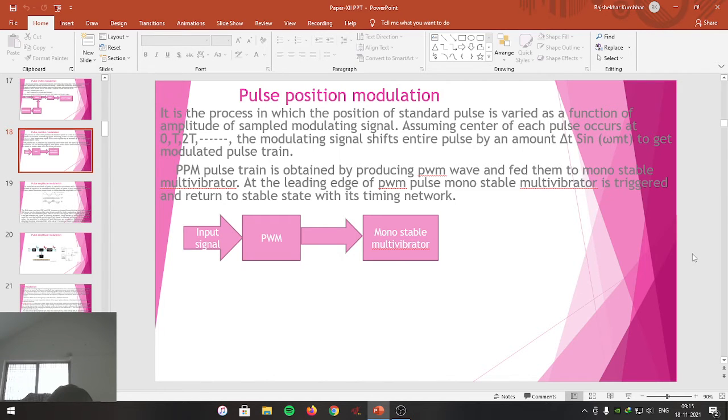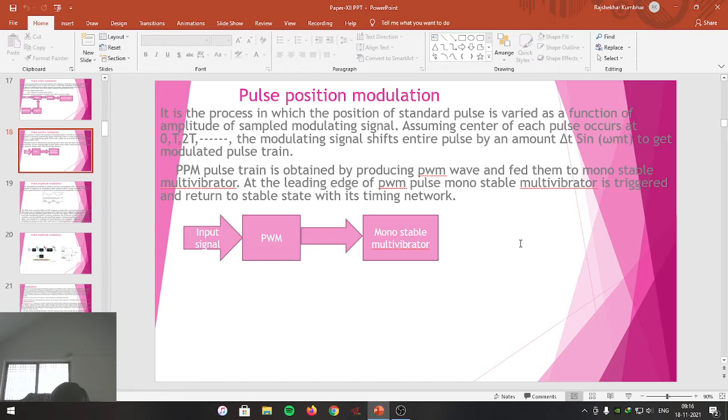In the receiver, the same signal is expanded to convert it into the original form. This is the meaning of pulse code modulation we studied.